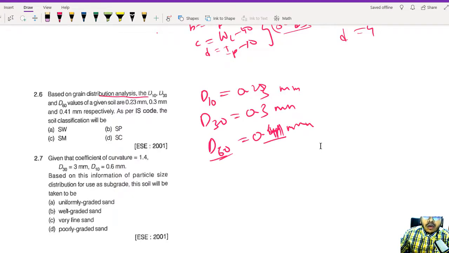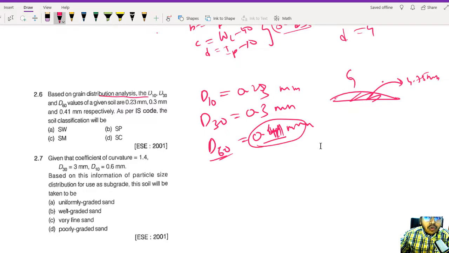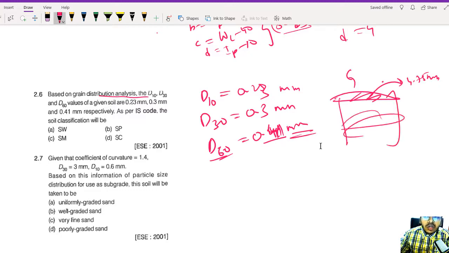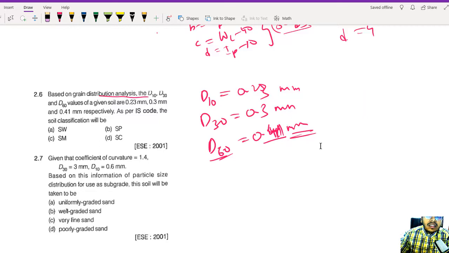So obviously it is not gravel, because gravel has more content lying on 4.75 mm, but 60% is passing through 0.41 mm. So obviously it is the classification of sand. Just by seeing you can say this is sand.